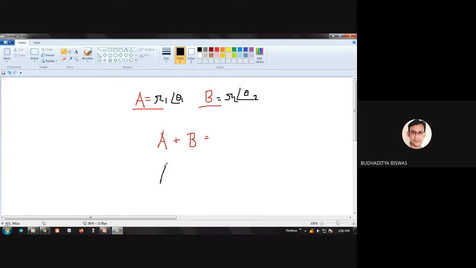Now, if I ask you the value of AB, let me see who can answer first. I want to multiply A into B, where A equals R1 angle theta 1 and B equals R2 angle theta 2. Now say how to find A into B. Sir, if you just transform A and B, this one is R1 R2 and the angle is theta 1 plus theta 2.